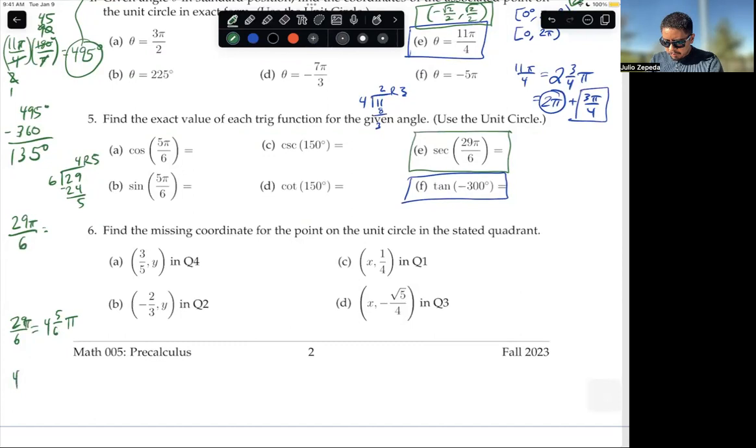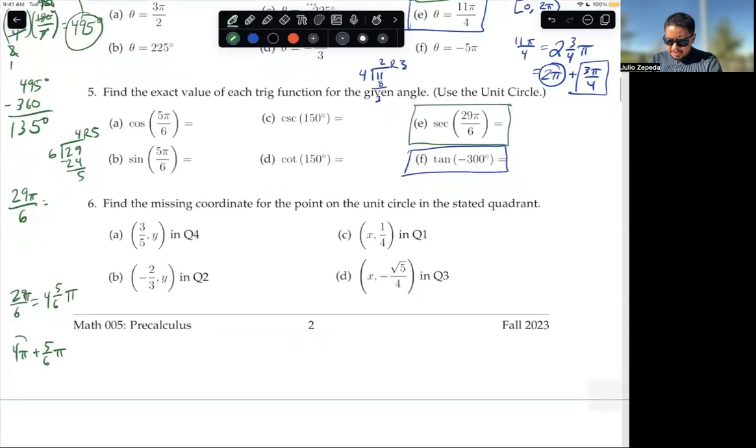And so that's the same as 4 pi plus 5/6 pi. And the reason I'm writing it this way is because here we can see this is 2 pi plus 2 pi at 4 pi. So in a sense, we can ignore that and find a coterminal angle with 29 pi over 6. So let me write 5 pi over 6 is coterminal with 29 pi over 6.